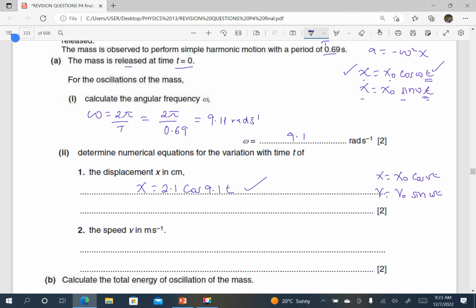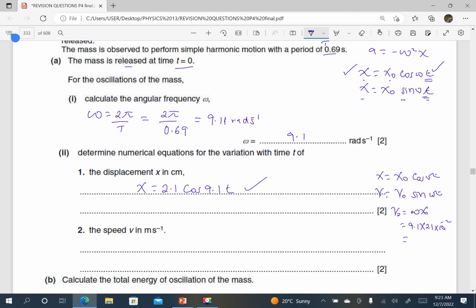But note that v naught is going to be the maximum speed, which is actually omega times x naught. So omega is 9.1 times the maximum amplitude. Of course, I have to change the amplitude to meters, so that is 2.1 times 10 power negative 2.